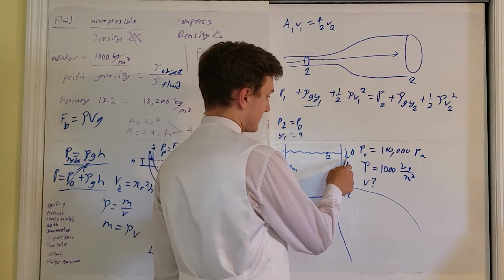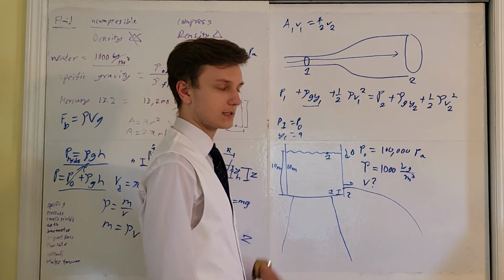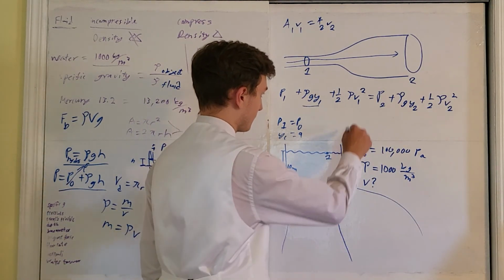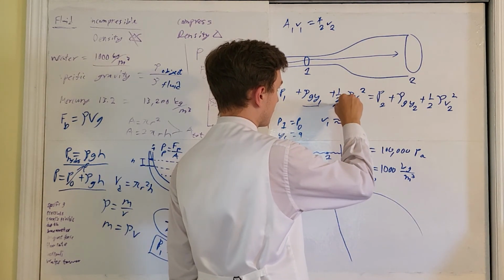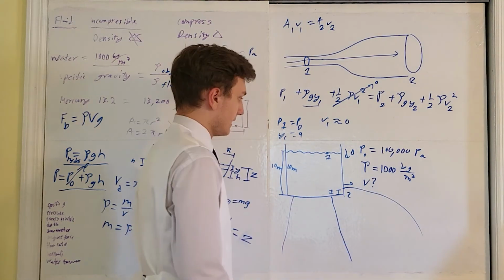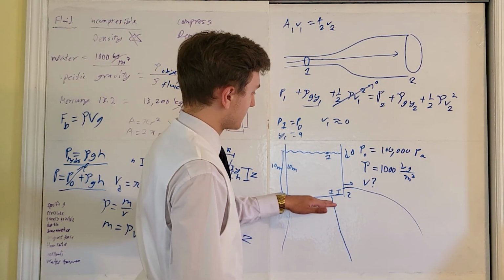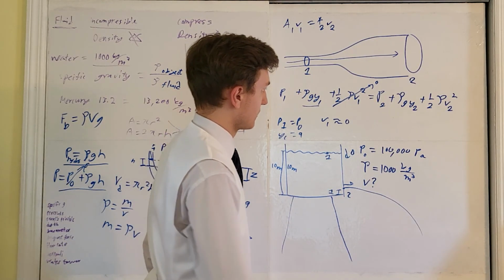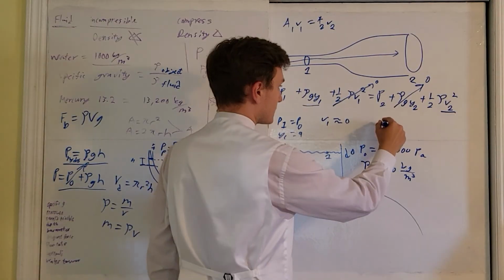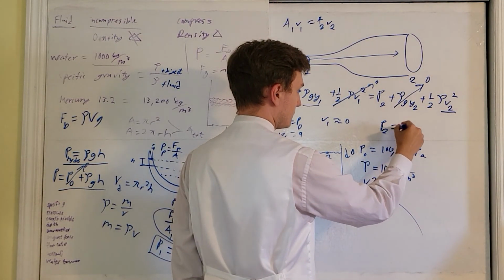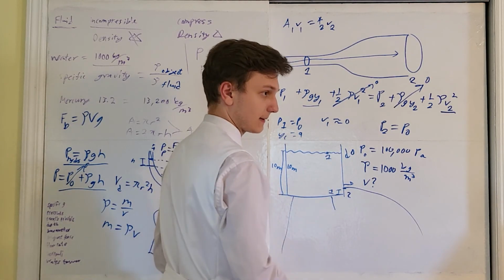We said that the velocity at which the height of the water is decreasing is negligible. Therefore, V1 is approximately 0. Therefore, this whole term goes to 0. And we said that we were going to redefine our scale to say that y2, the height 2, is 0. Therefore, since y2 is 0, this whole term can go to 0. So P2 is just going to be our atmospheric pressure because P2 is exposed to the atmosphere.